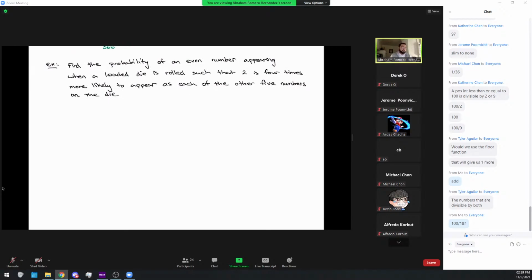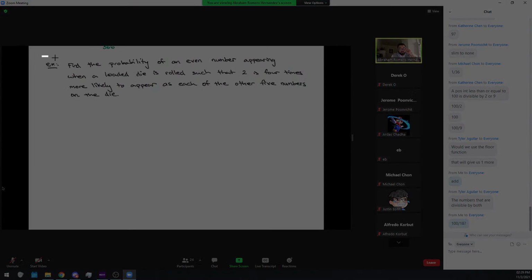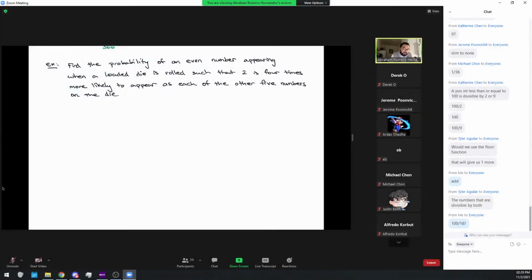So in other words, what I mean by a loaded die, a loaded die pretty much is a cheating die. A die that is loaded in the sense that it's going to come out with the numbers that you specifically want. There's a higher chance of it coming out for specific numbers. In this case, there's a higher chance of the 2 coming out than any of the other numbers.